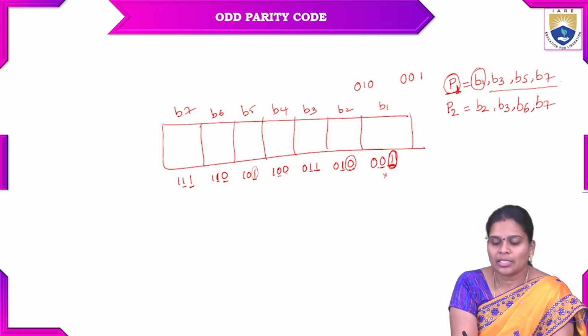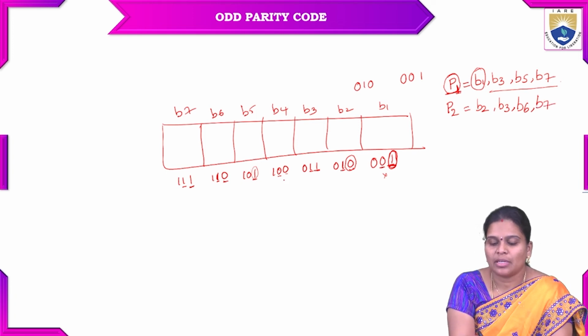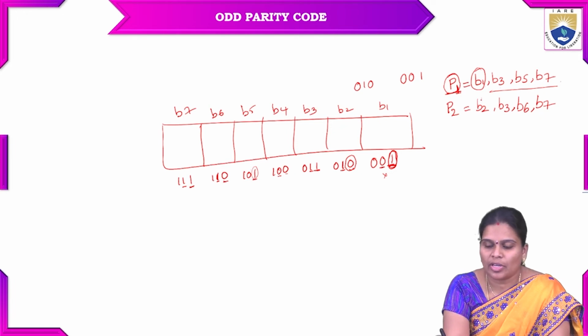Okay, so observing these second bits, whenever we have a 1, we take that bit only: B2, B3, B6, B7. This is one procedure. Otherwise, when checking parity error correction, we also take B2.